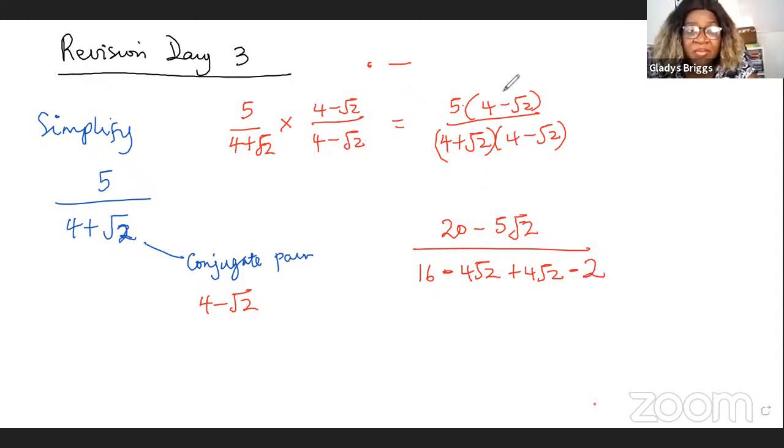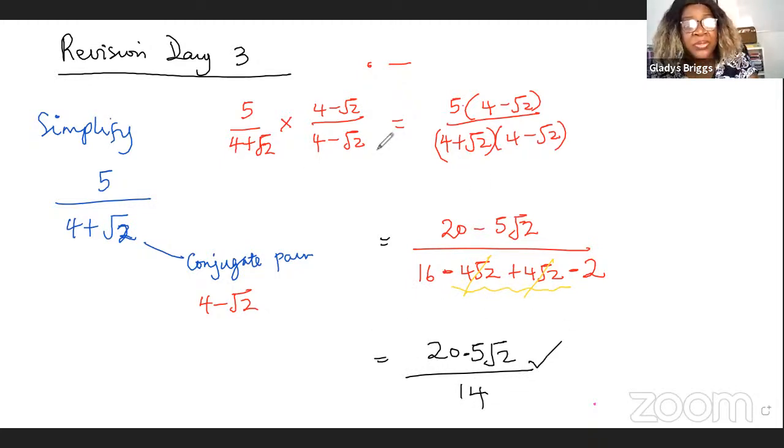Yeah, and now you can see that you have plus and minus of the same number, so they will eliminate each other, and your answer then will become a whole number in the bottom, 20 minus 5 root 2 over, what is here? 16 minus 2 is 14.